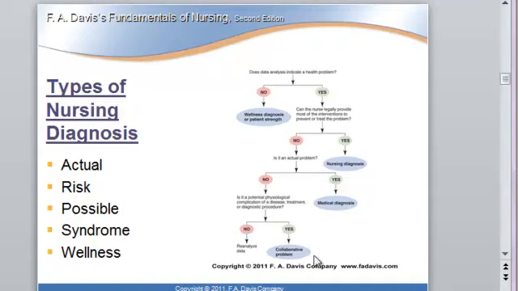Then your wellness diagnosis is basically when your patient or client is in transition from one level of wellness to a higher level of wellness. Your book gives a great schematic of this algorithm. It's figure 4-3 on page 60. So if you can't read the slide, you can go to page 60 in Wilkinson, and that may help you.